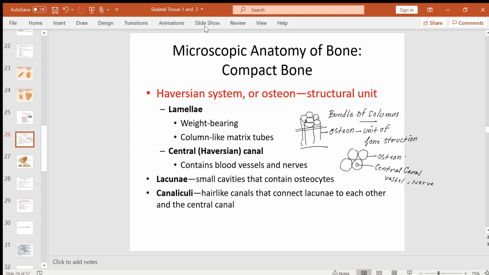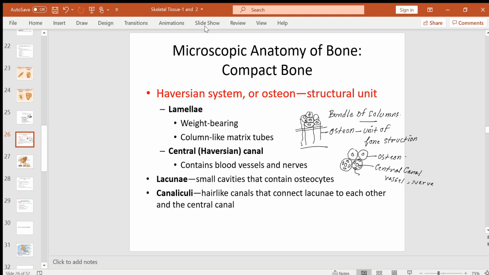Around the central canal you have tiny spaces called the lacunae. The spaces are called lacunae, and lacunae contain the osteocytes. So each lacuna has an osteocyte, the bone cell.